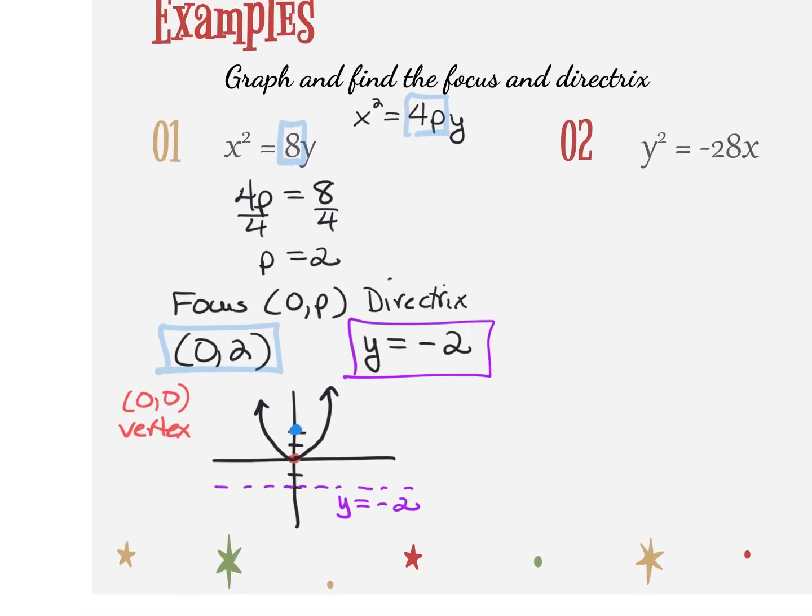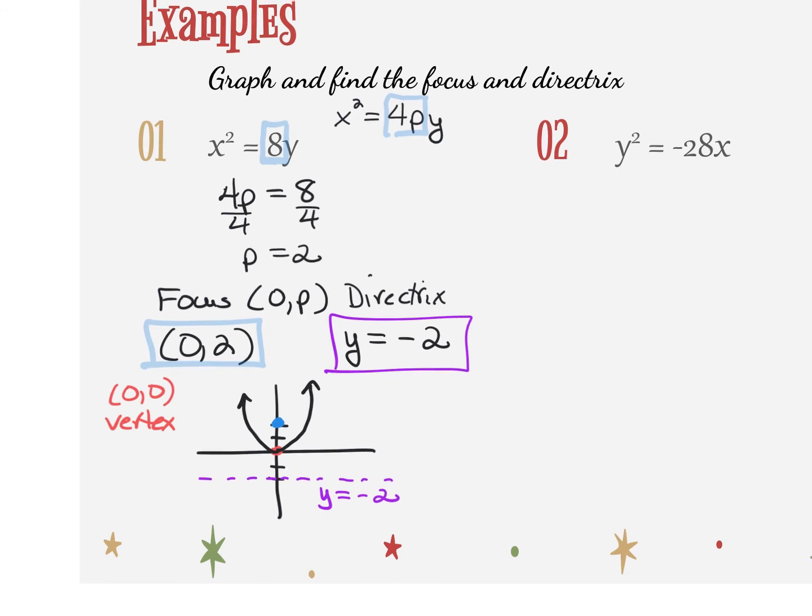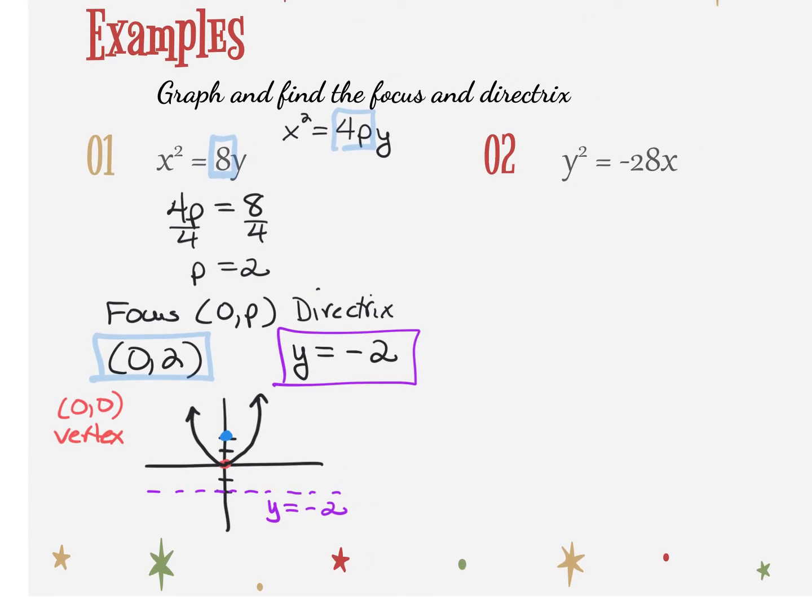Again, this time it's got the y squared. So this tells me it's going to be a C or a backward C. Notice the number in front of x, the non-squared variable, is negative. So this tells me my graph is going to be a backward C. So this is how I could eliminate the bad choices. So again, it's in the correct form. It's y squared equals 4px.